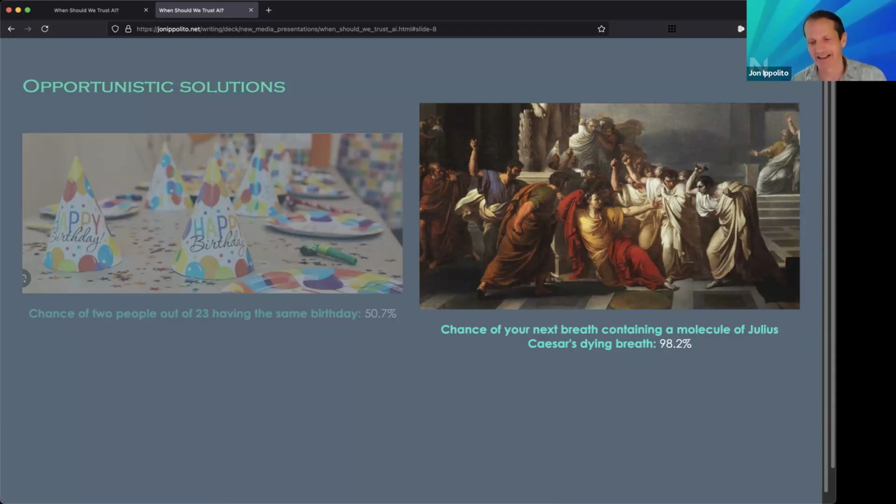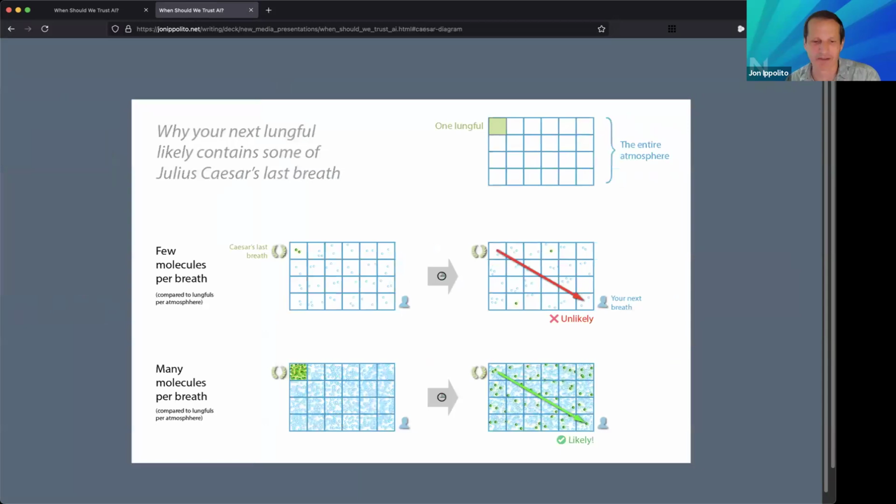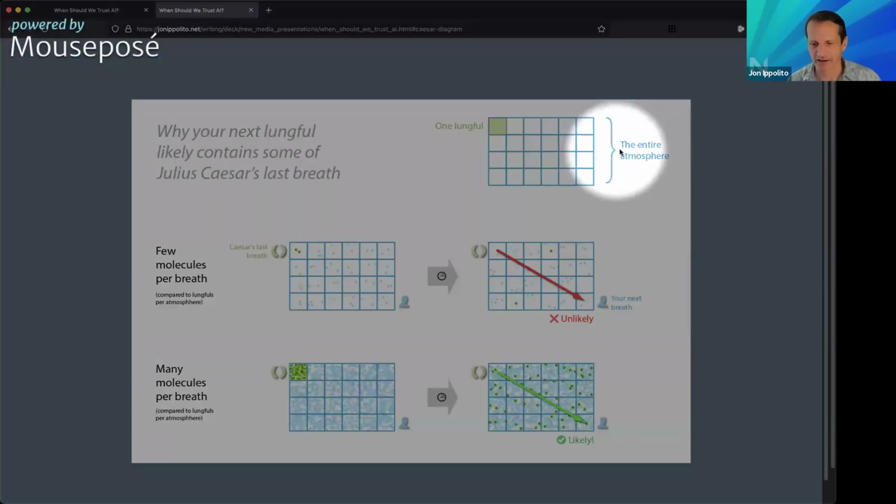Well, I'm going to spare you guys the equations, but I drew a diagram that I hope will help explain it. Let's suppose that you have the entire atmosphere over here as a series of lungfuls. You can just imagine there are a lot of them, far more than millions. I think it's sextillions of lungfuls in an atmosphere.